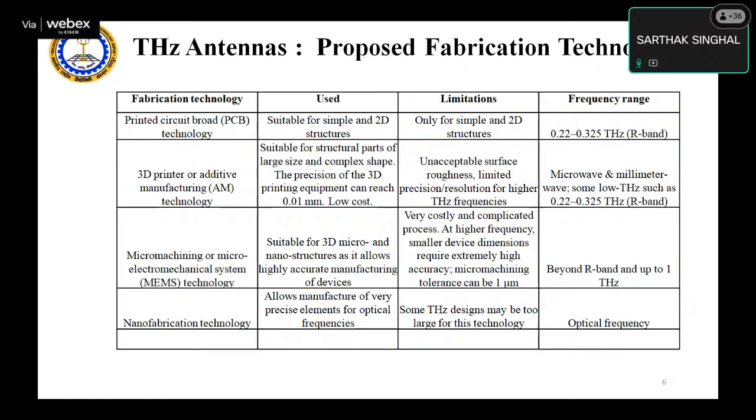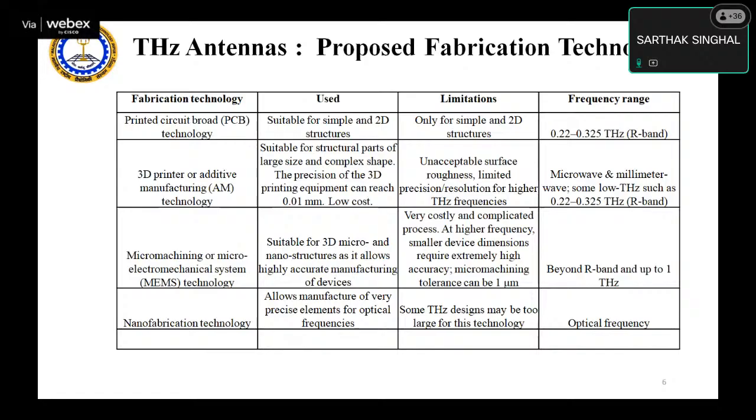So by using this technology, we can design or fabricate devices which can operate up to only 1 terahertz. If we are discussing devices which are supposed to operate beyond 1 terahertz, this technology will still not be suitable.